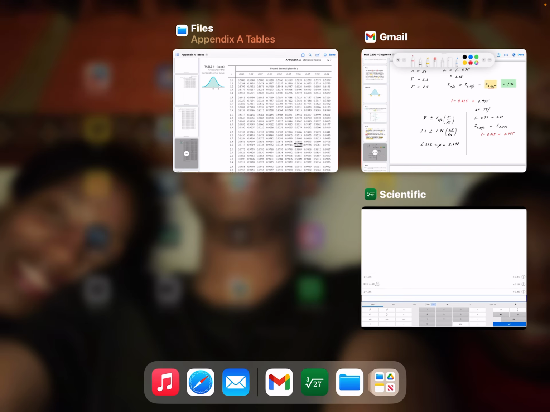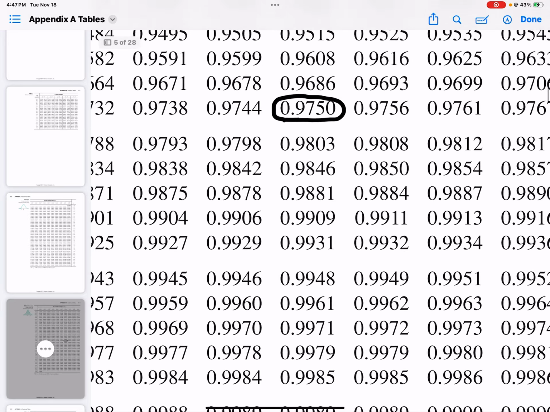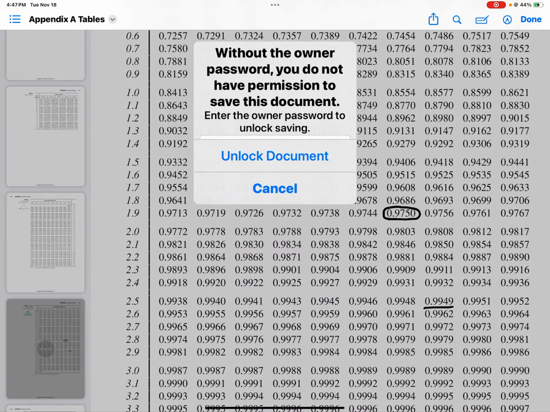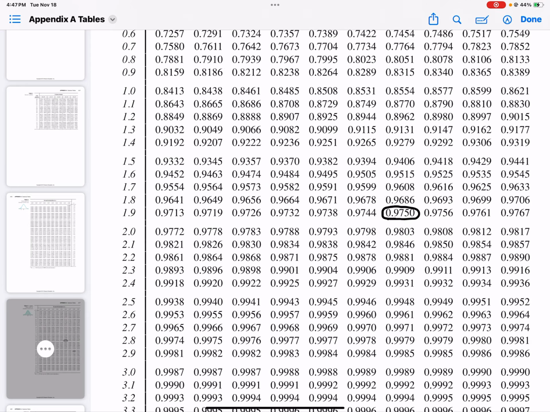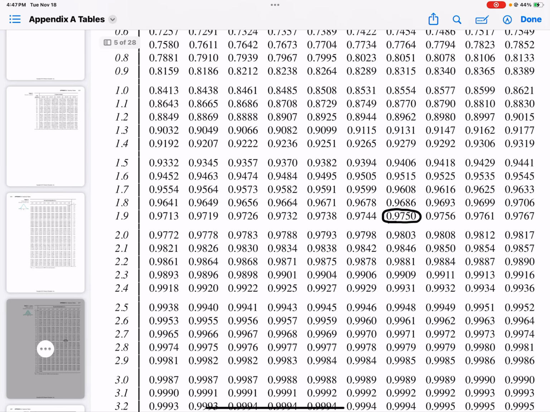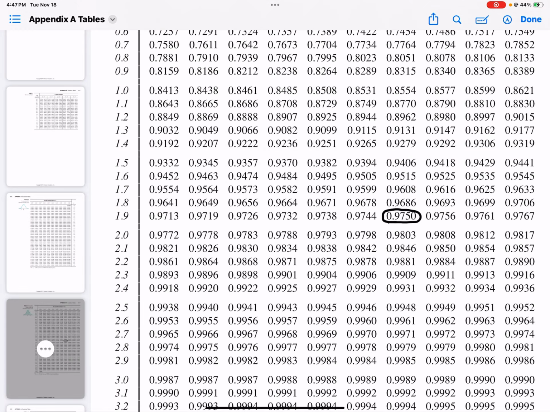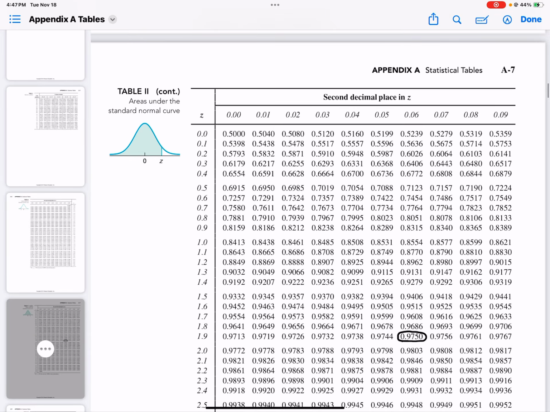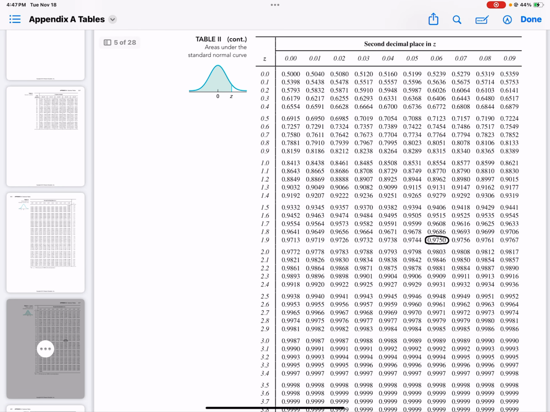Let's go look and see. 0.995. Okay, so pay attention here. We have 0.9949 and 0.9951. Okay, it's directly in between those two, so it is 2.575. Okay, I hope that that's clear because I'm not able to write on here, but this one is completely equidistant.